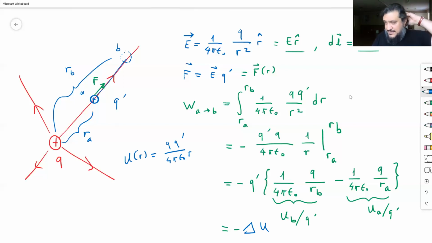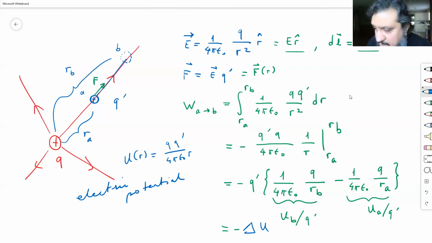All right, so why did I factor that Q prime? Because I'm going to define a new quantity called electric potential. And I'm going to treat Q prime as a test charge, which was the idea from the beginning. So V is the letter I'm going to use.